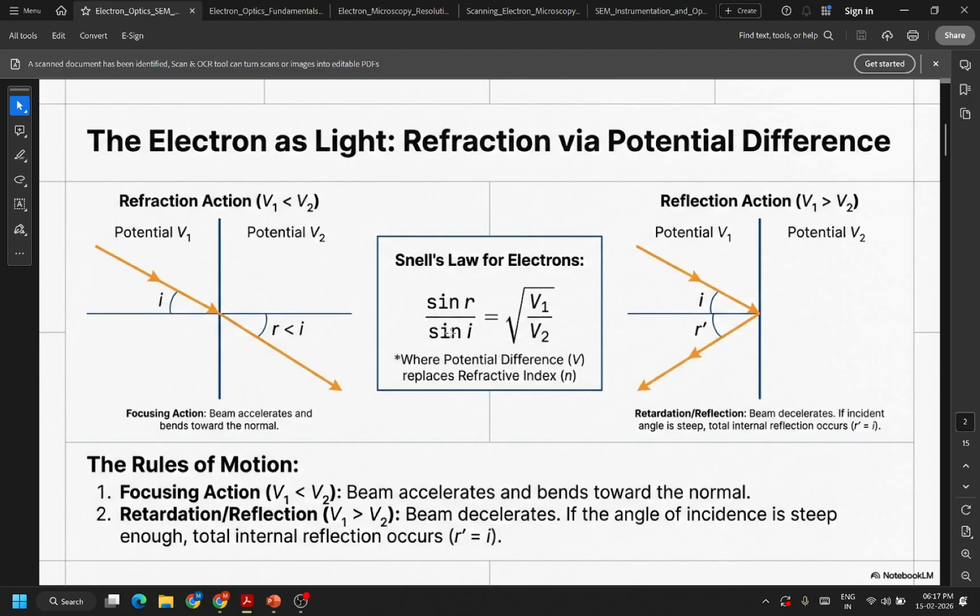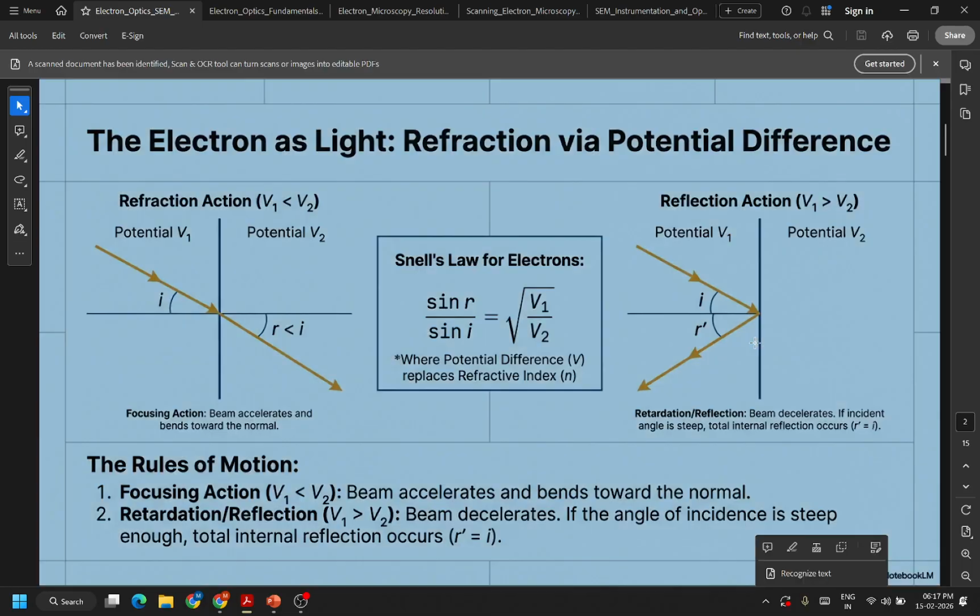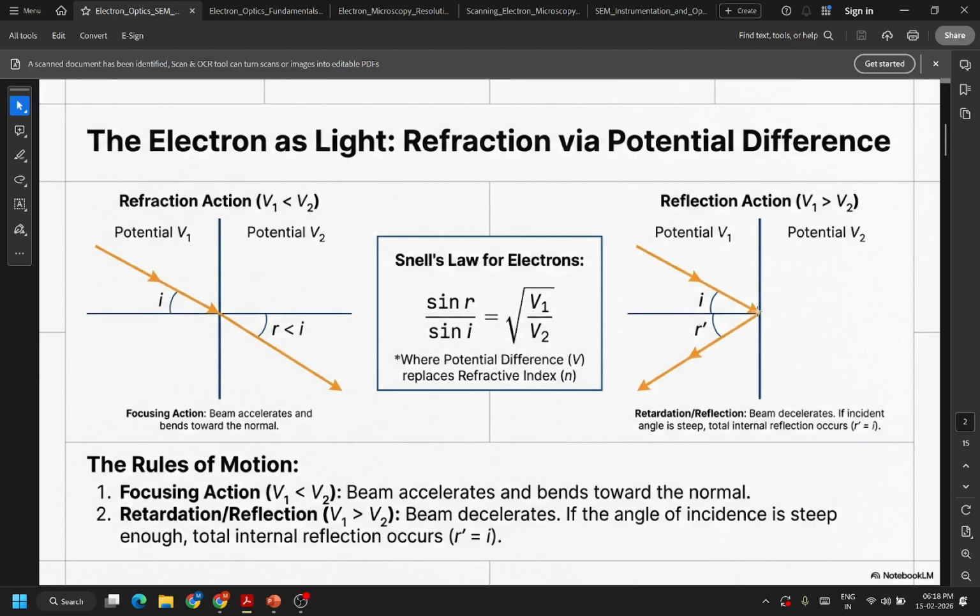So sine r by sine i is equal to square root of v1 by v2, where v1 and v2 are the potentials in each region, and it can do both refraction as well as reflection. This reflection is the total internal reflection.